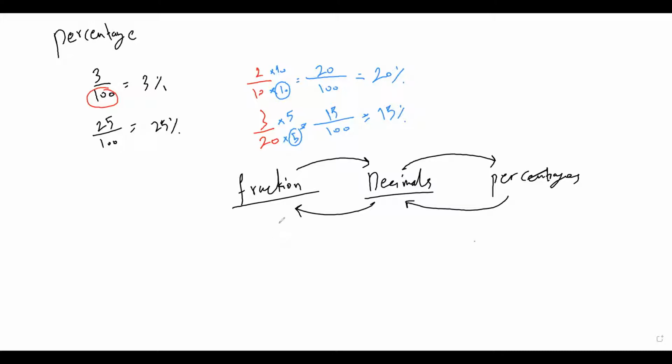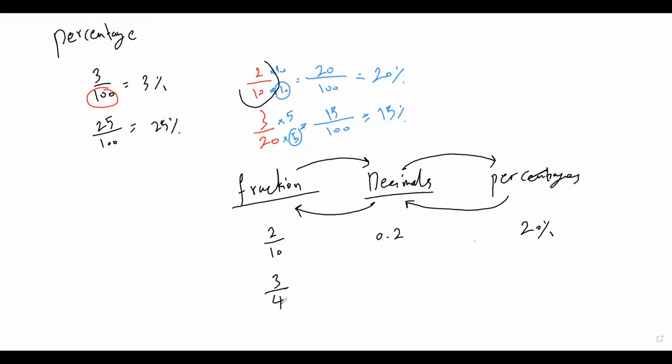For example, let's take a look at this 2 over 10, which I have already converted to a percentage. The equivalent percentage is 20%, and the equivalent decimal is 0.2, or 2/10, that's the equivalent fraction. How about 3 over 4?